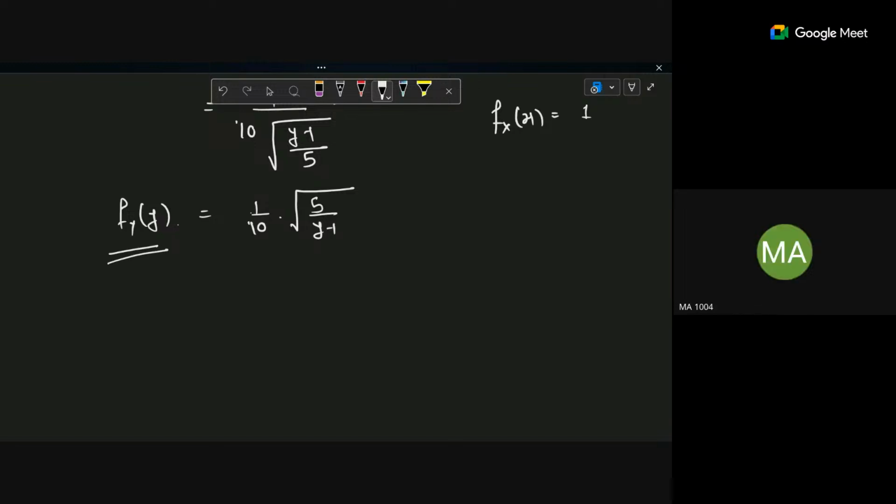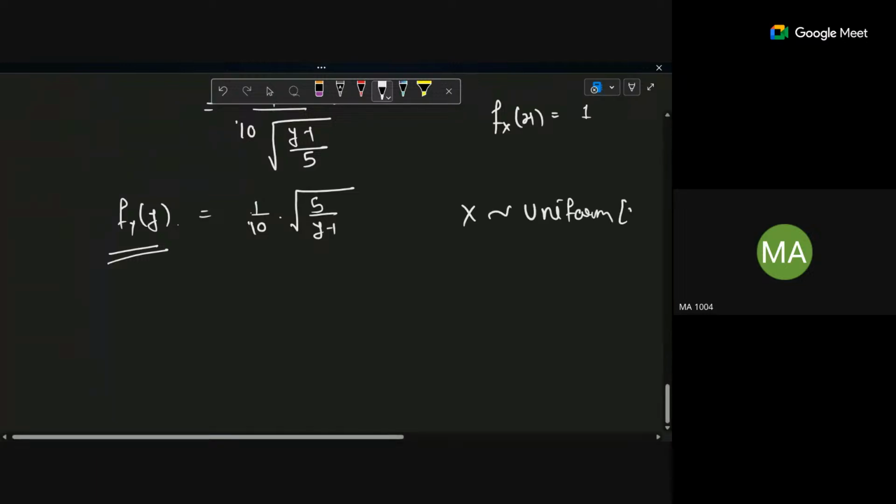See, this is the PDF. If you go to check the CDF, it will take 1 also. But whenever we say x is following a uniform distribution over 0, 1, this is a somewhat standard distribution, right?